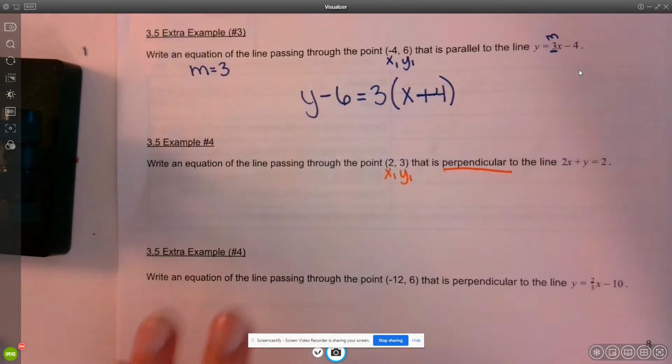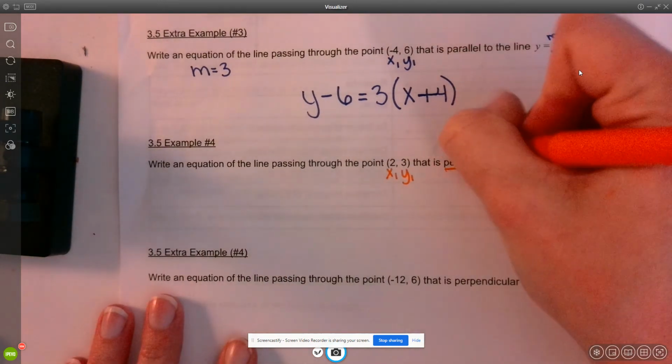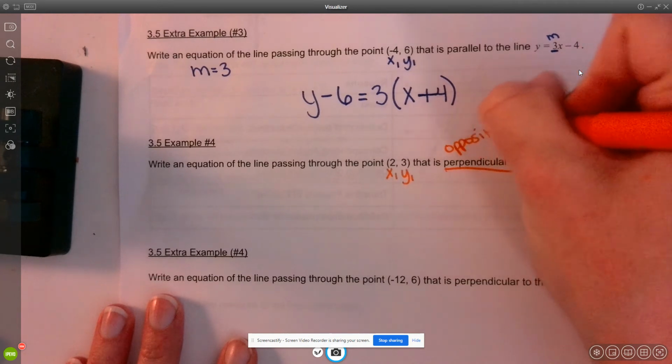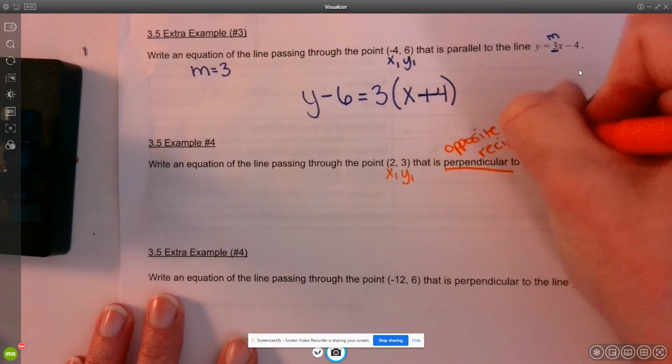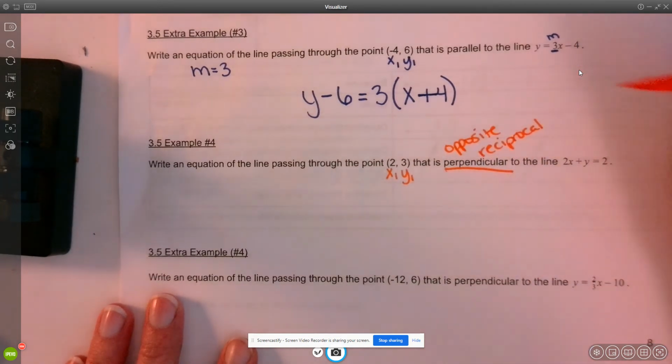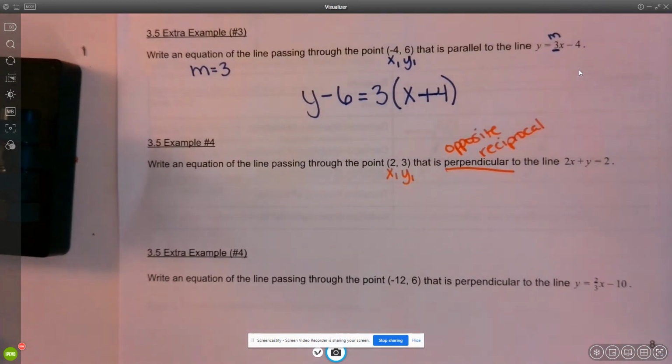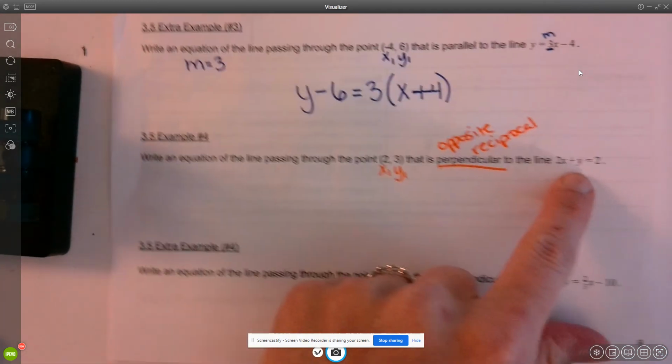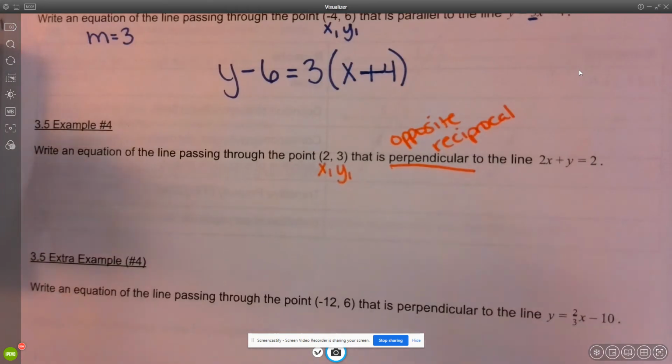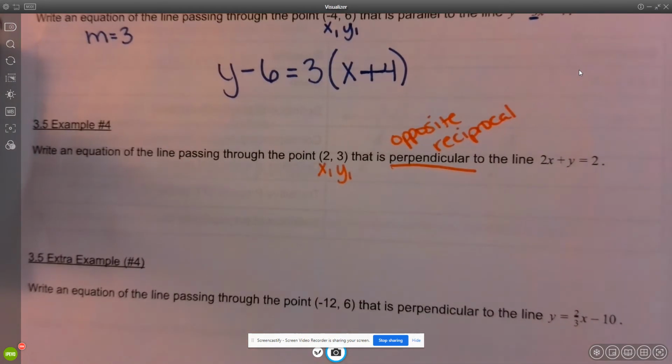And so remember, perpendicular lines have opposite reciprocal slopes. We'll talk about what that means after we find the slope of this line. So my line here has an equation 2x plus y equals 2. This is not in slope-intercept form.